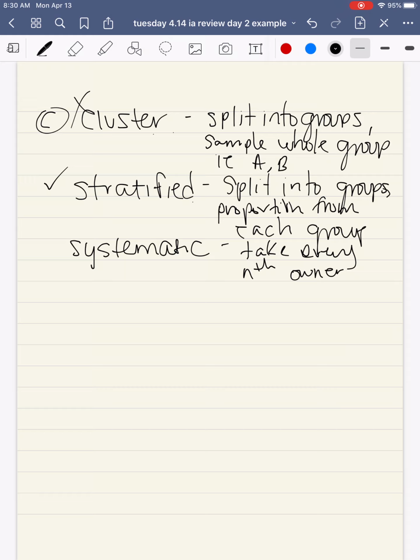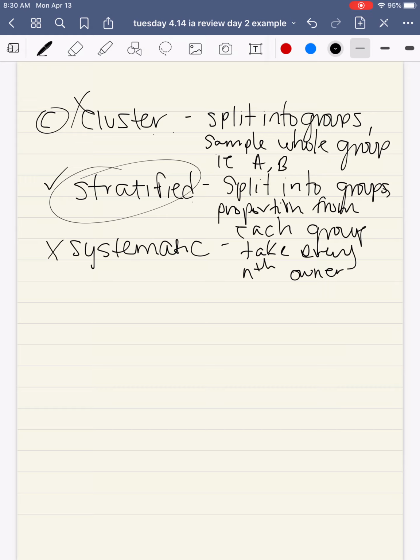Well, if I line up the 200 plus thousand people and I take, let's say, every 10th person, is that going to guarantee that I'm going to get at least 12 from every single group? No, that's not really going to guarantee. It could happen, but there's no guarantee that it will. So here I'm going to want to do a stratified sample.